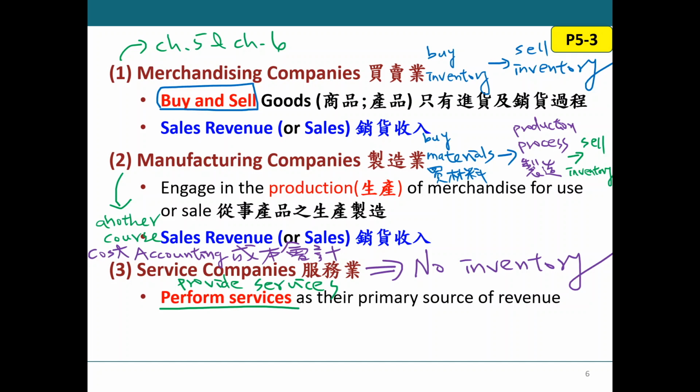Sales revenue or sales, both of them mean the same thing, 销货收入, okay? How about service company? When you provide the service, you earn service revenue. Okay? Any questions?